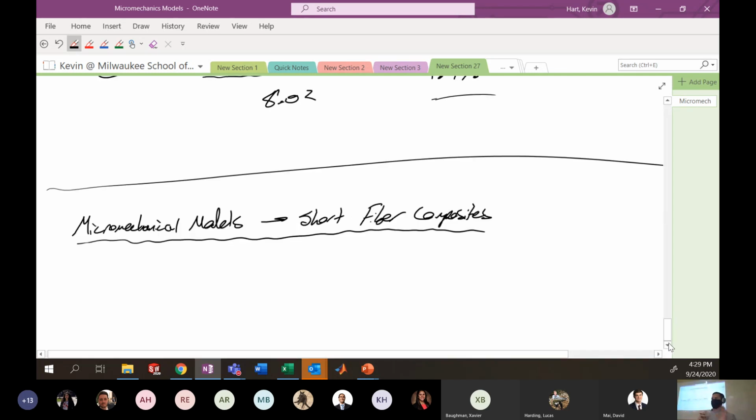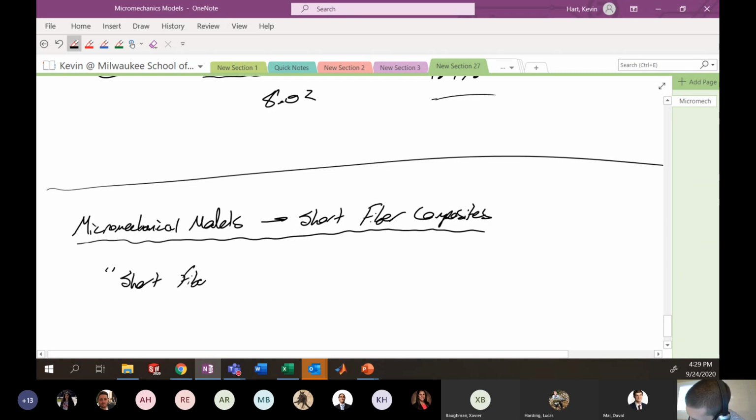So back at the beginning when we were talking about materials, we had a loose definition for short fiber: that the aspect ratio was somewhere between like 3 and 500. Let's remind ourselves.